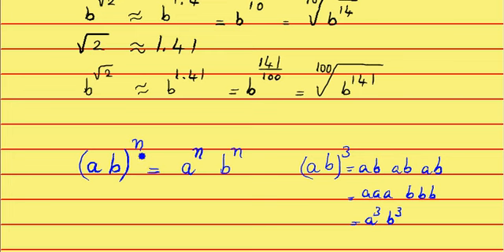To talk about what happened here in general, we say we have two operations here. One of them is this multiplication, and the other one is this exponentiation. One operation and a second operation. On the left, you multiply first and exponentiate second.